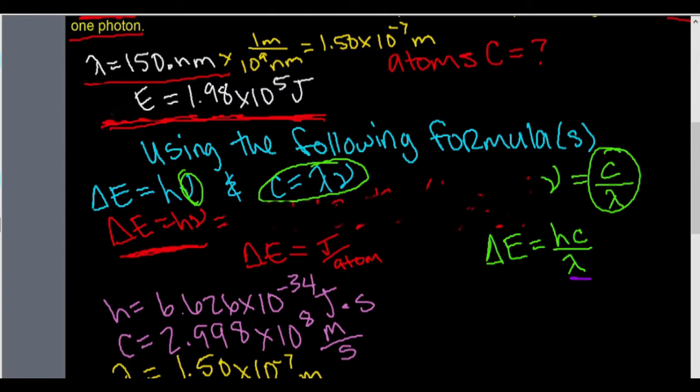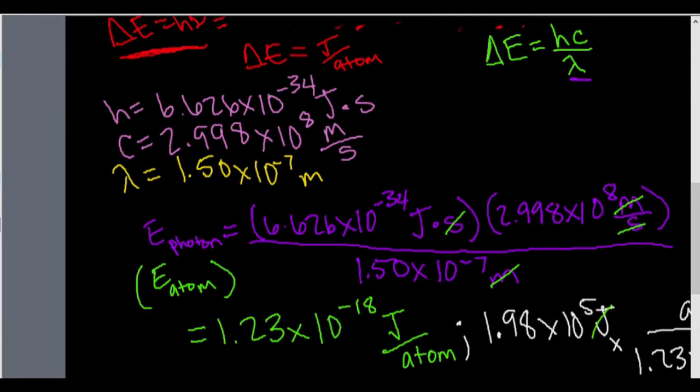So we got nu equals the speed of light divided by lambda, and we plugged that in over here. And when we did that, we got this new equation, the delta E, or just the energy of the photon, or the energy of the atoms, because again, 1-to-1 ratio. And that's going to be equal to Planck's constant times the speed of light divided by lambda.